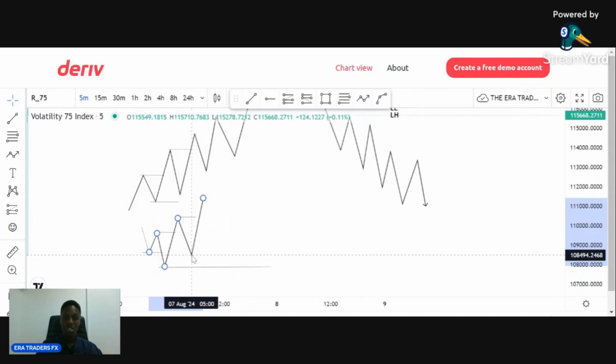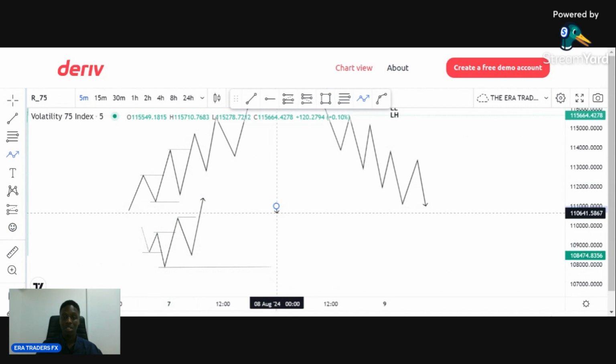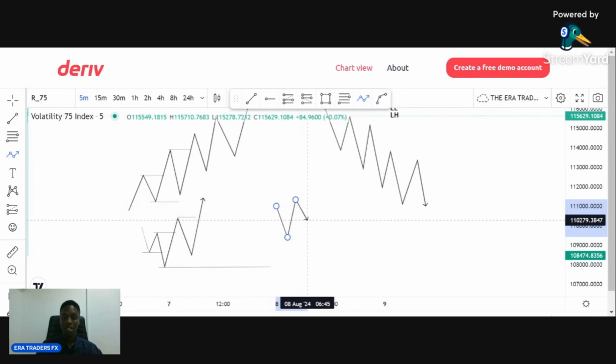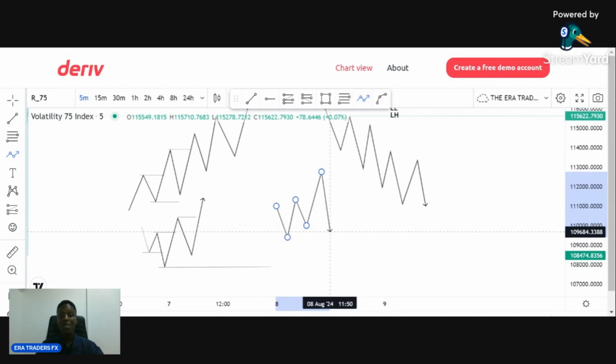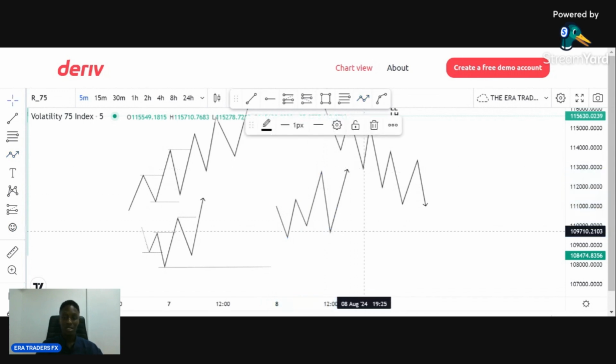For example, if something like this just happened, let's say the market came down, then started going up like this, you might not trust this low because it did not sweep any liquidity. There was no liquidity. Meanwhile, it might just be a liquidity for this.